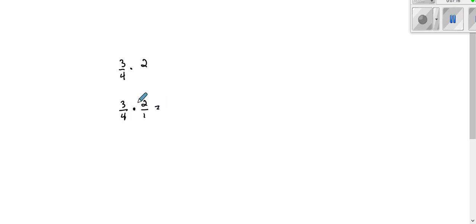I can multiply this and get 6/4, and then simplify and get 3/2, because 2 goes into both of those. Or I could have divided beforehand: 2 goes into 2 one time, 2 goes into this 2 times, and then multiply. 3 times 1 is 3, 2 times 1 is 2. Either way you go, you get 3/2.